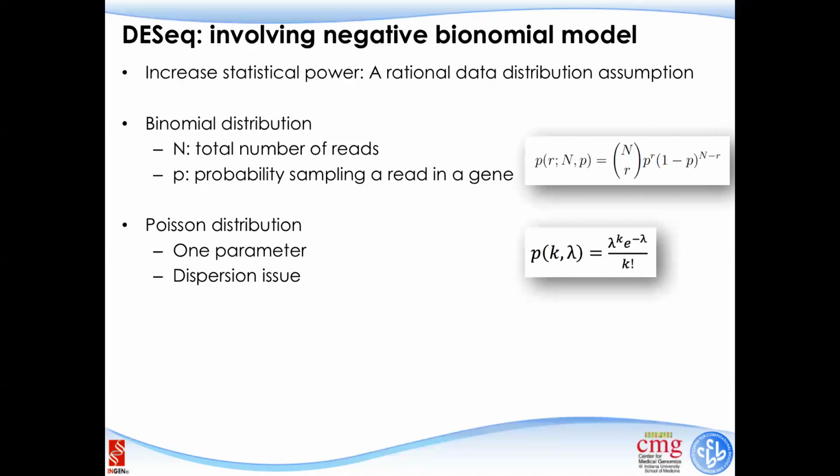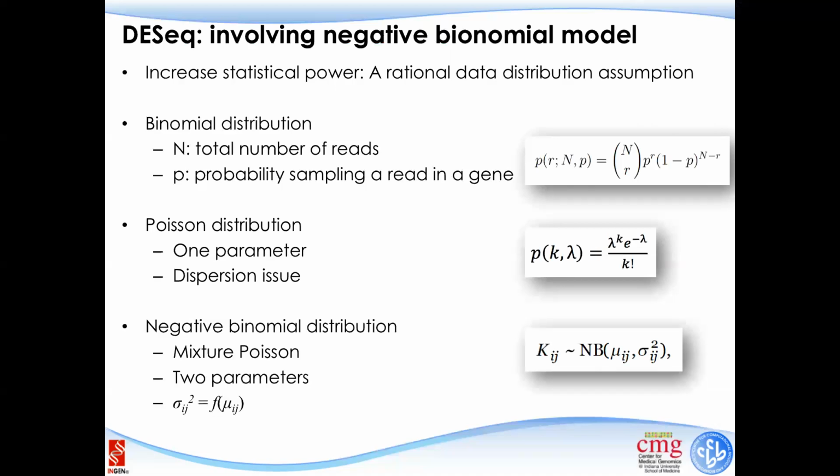But then we found a dispersion issue. When we do real data analysis, which I will show you in the hands-on part, the variance of the counts is always larger than the mean of the counts. That means the Poisson assumption is not that correct.